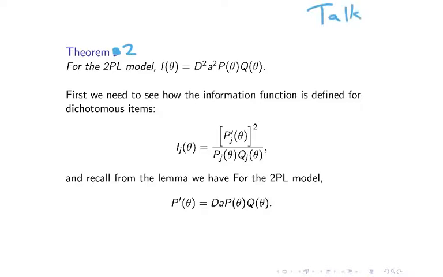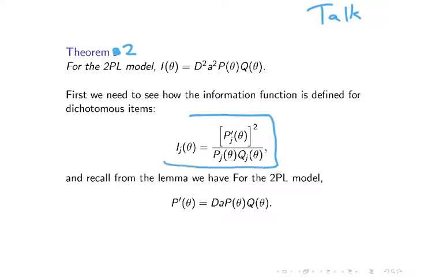This is an easy thing to add on. After you've talked about the 2PL model and proven those three things about its properties, like where the inflection point is, you can bring in item information and its role in item response theory.